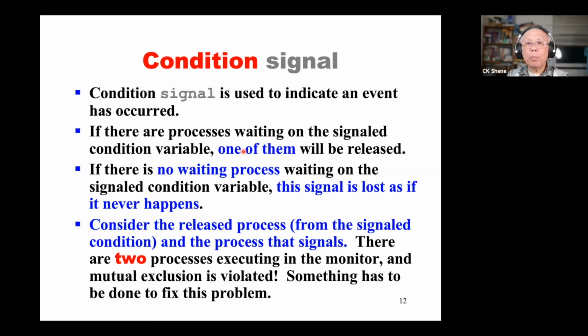So once that process is released from the condition variable, that process would be executing in the monitor. Therefore, the signaling process and the released process are running at the same time in the monitor. This violates the mutual exclusion requirement. Therefore, something has to be done to resolve this problem.